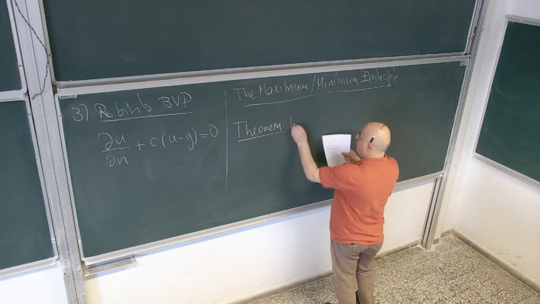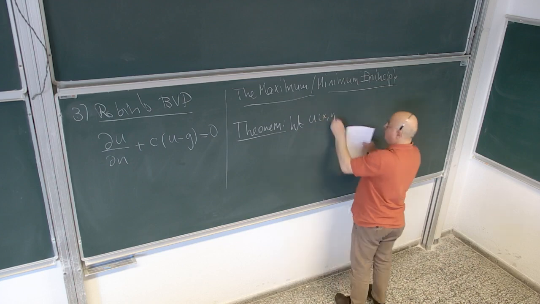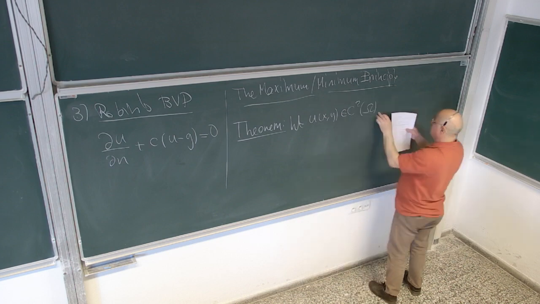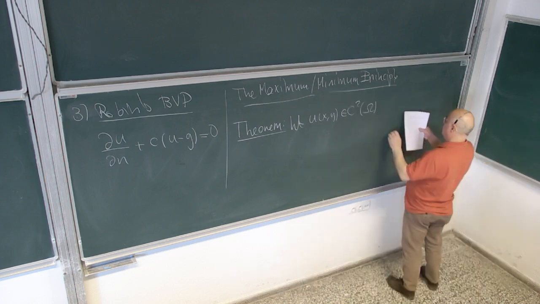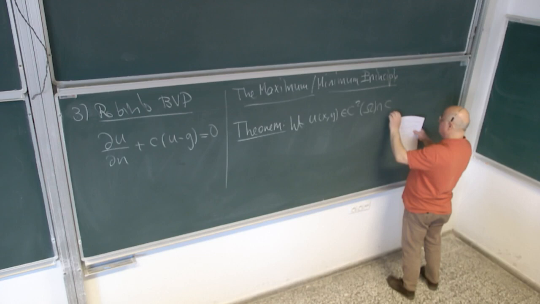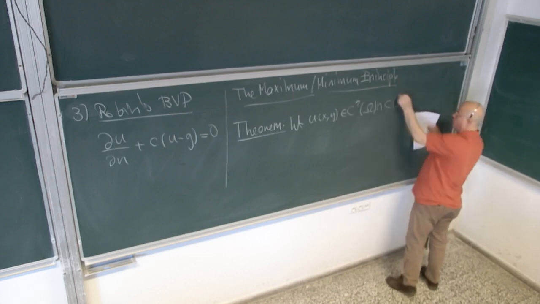Let u(x,y) be a twice continuously differentiable function, so that inside it is twice differentiable and on the closure it is continuous.